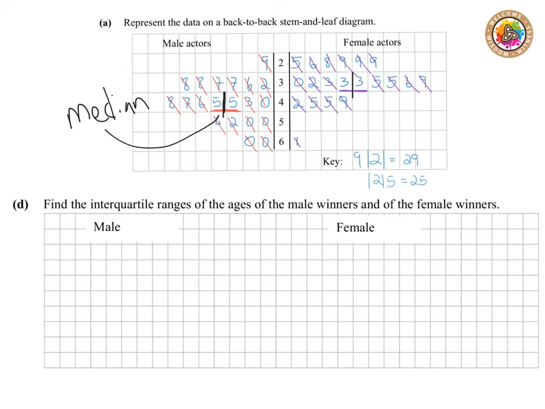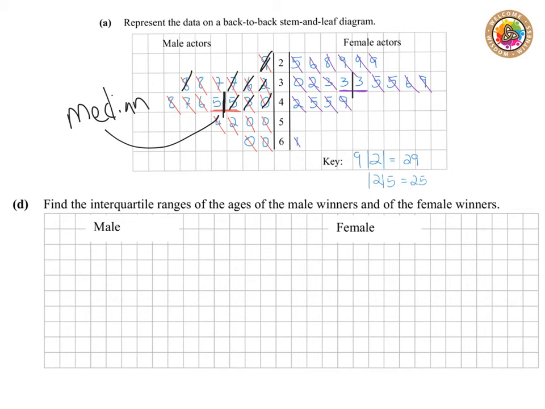So here I'm going to go in black pen this time, and I'm going to say, my biggest and my smallest, my next biggest and my next smallest, my next biggest and my next smallest, my next biggest and my next smallest.